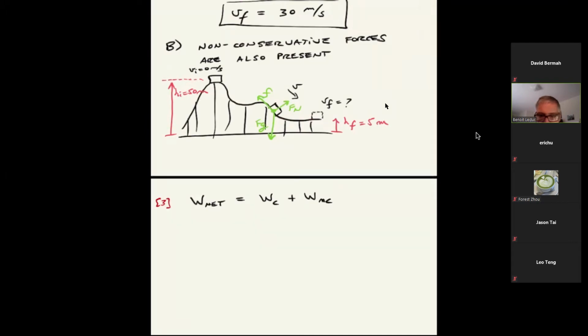Now, once again, remember using the work-energy theorem. That was equation 2, I believe.